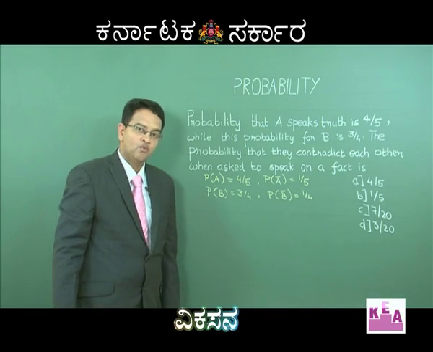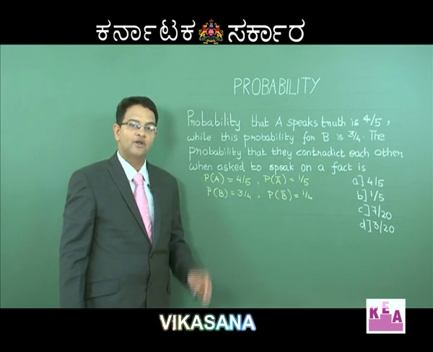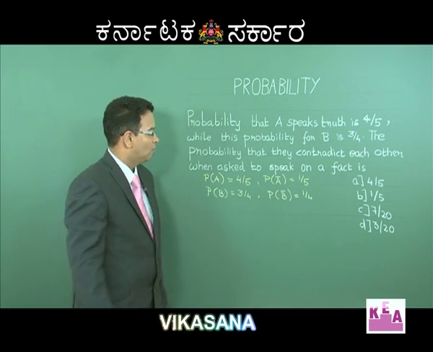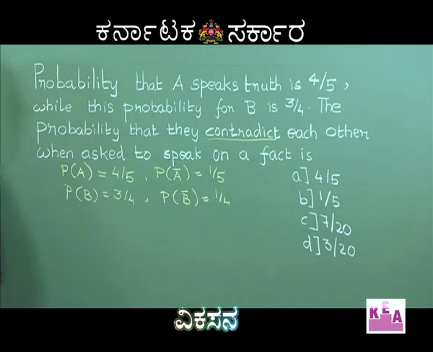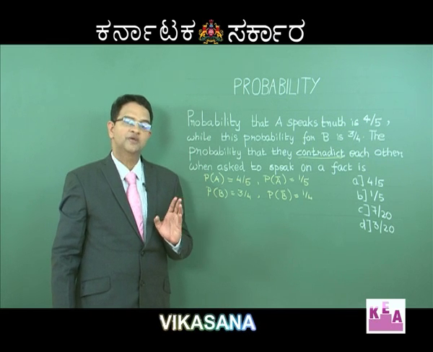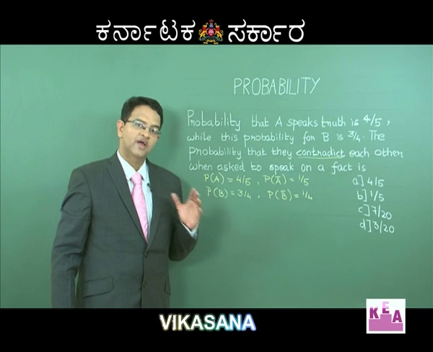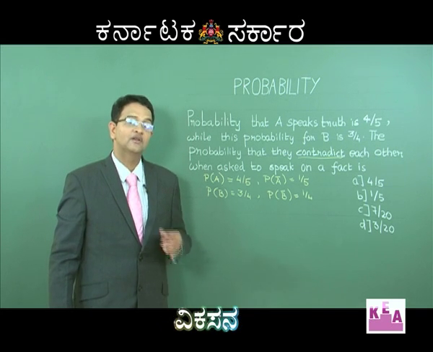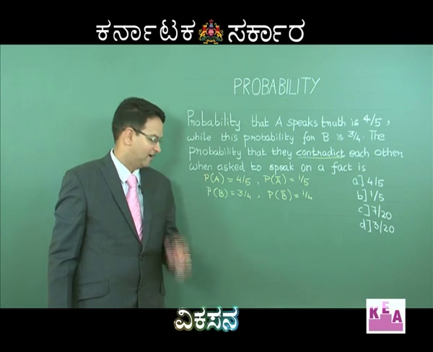Now the question is, find the probability that they contradict each other when asked to speak on a particular fact. What is the meaning of the word contradict? The meaning of the word contradict is that when A speaks truth, B is speaking a lie, or B speaks truth, A is speaking a lie. That is when they will contradict each other, oppose each other while they speak on the same fact.